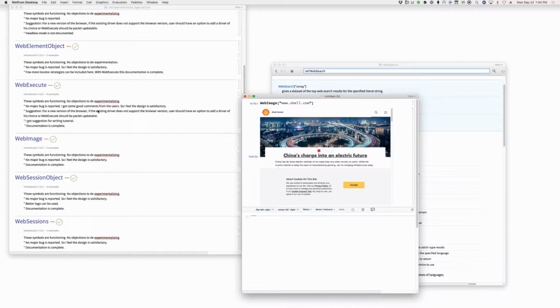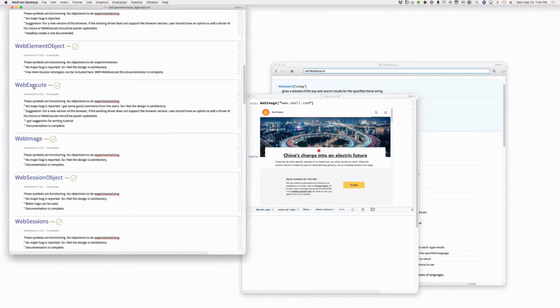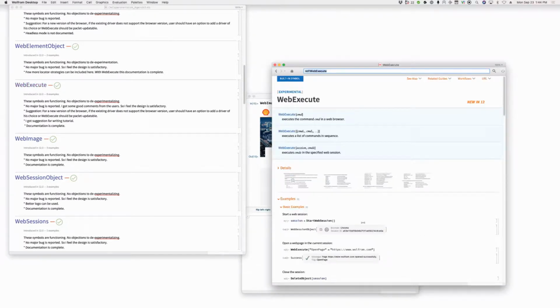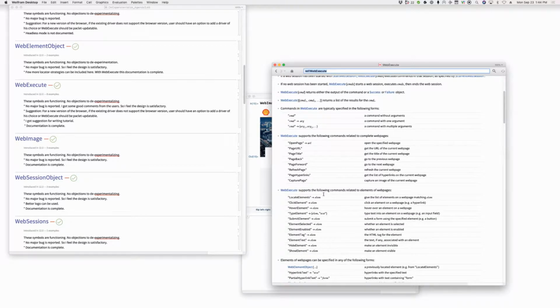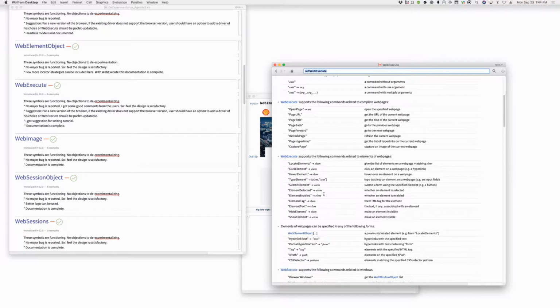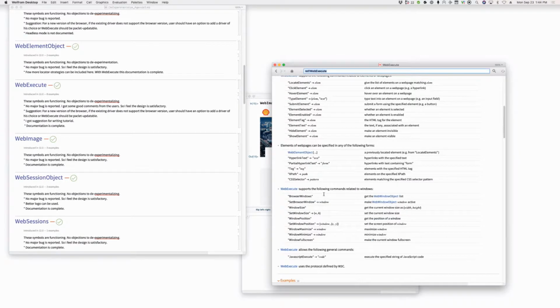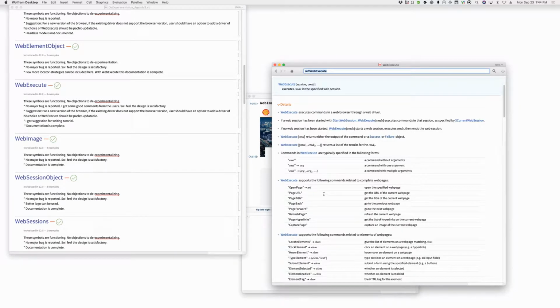So my question about WebExecute is really about all of the kind of weird commands that are inside WebExecute. I think that will expand over time. It may change over time, but it's always grandfatherable. Who knows, like 10 years from now, what's going to happen with web browsers and if things change significantly.